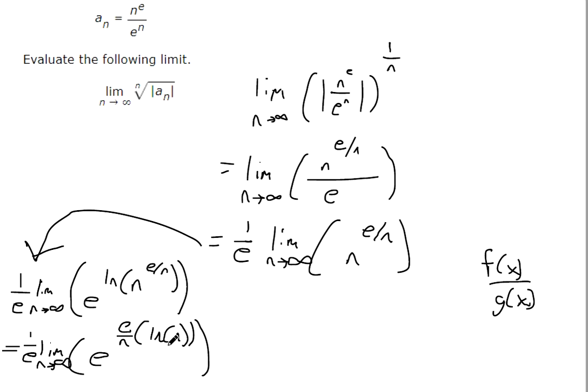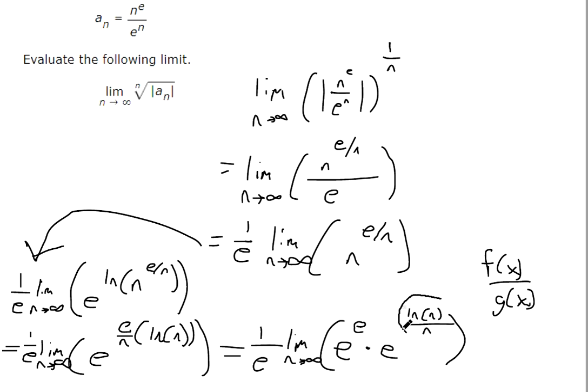So now we could write it as a fraction in the numerator, something that we could use L'Hopital's rule on. So this would be e, let's say e to the power of e times e to the power of natural log n over n.